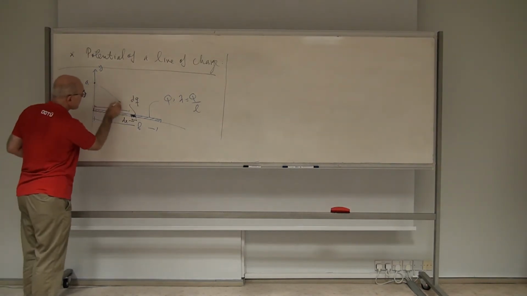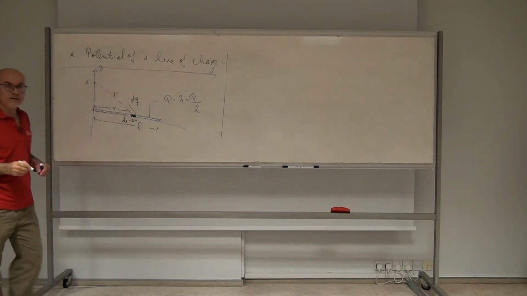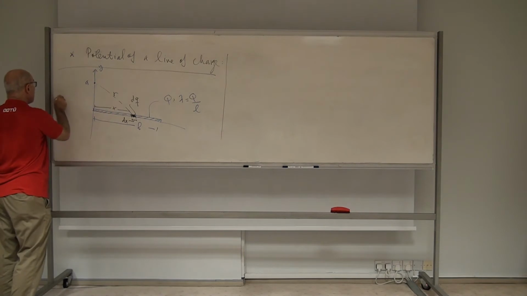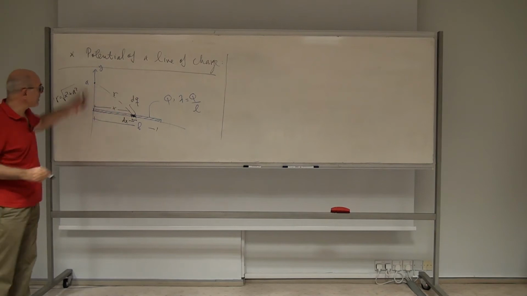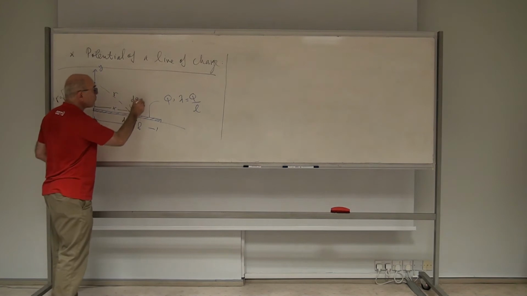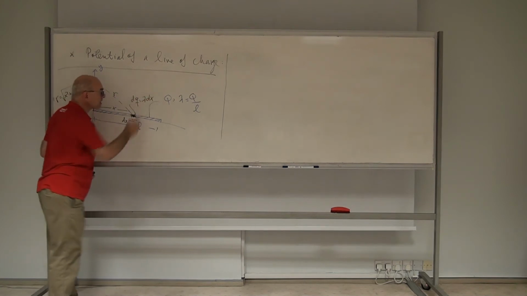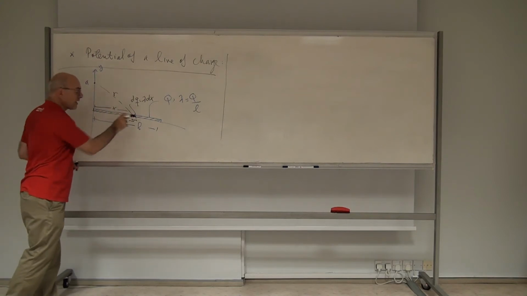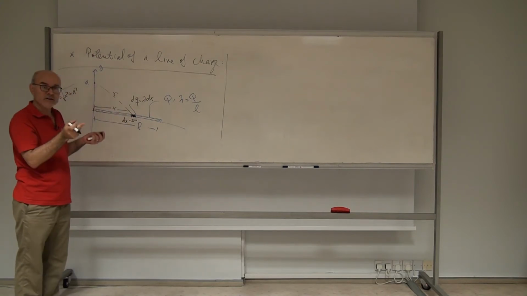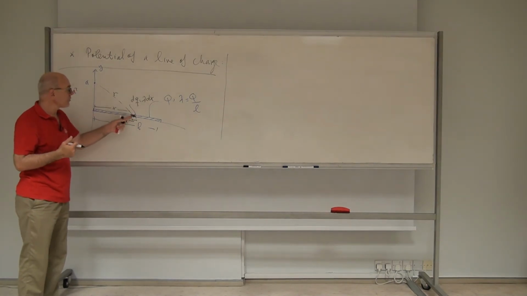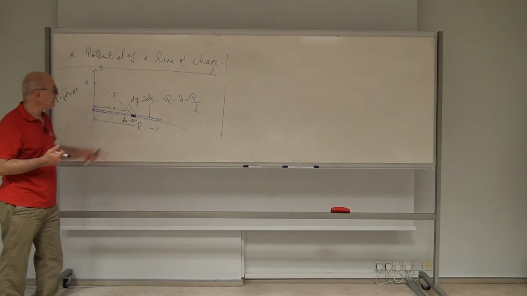This is the corresponding r for this dq, and evidently r is equal to the square root of x squared plus a squared, as you can see from Pythagoras' theorem. And this dq is nothing but lambda dx, because it has a length dx, and the charge density is lambda, which is charge per unit length, so it's lambda dx. This is the charge on this dx.